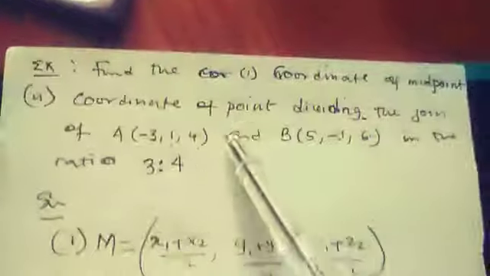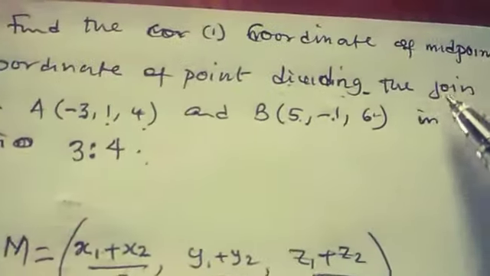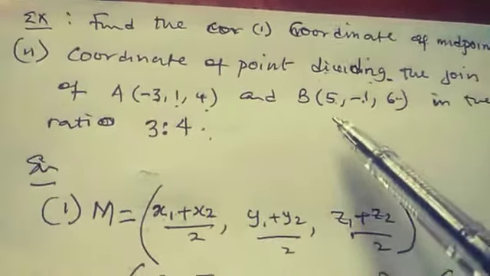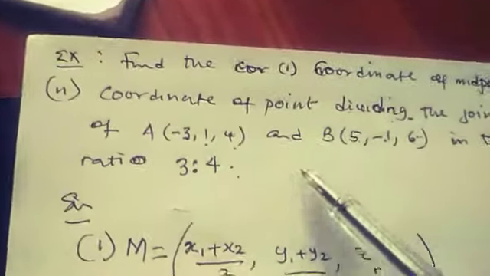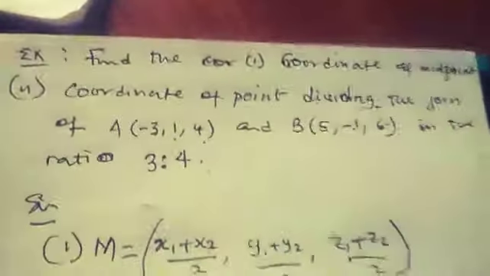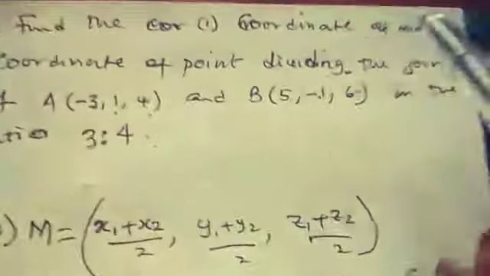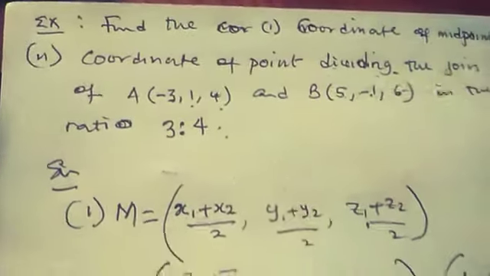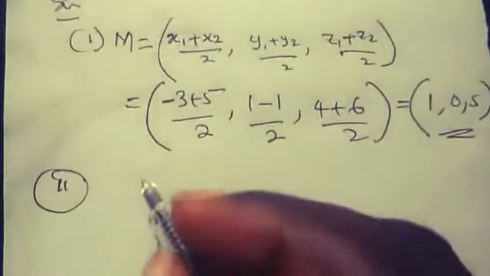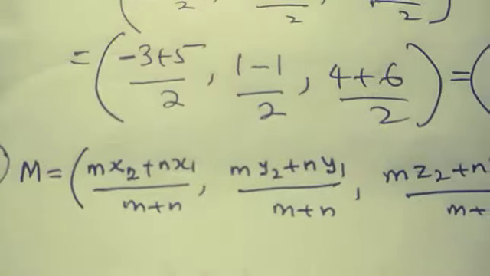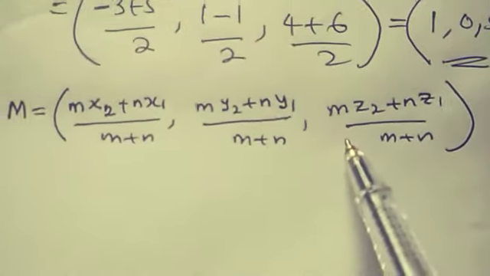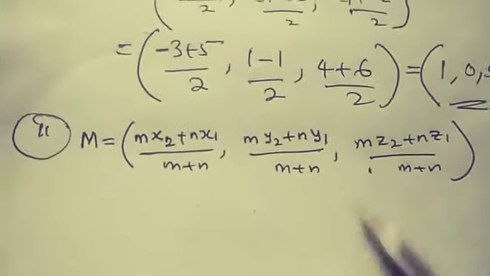Now, for the second one, you observe that the question does not specify whether internally or externally. If the question is not specified, then the question is talking about internal division. And the coordinate of internal division is given as this.